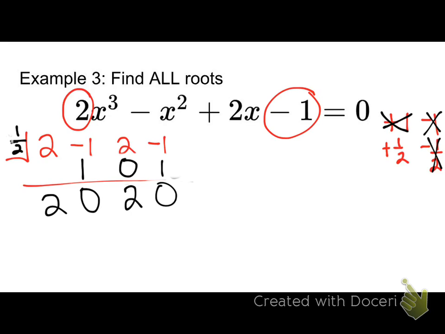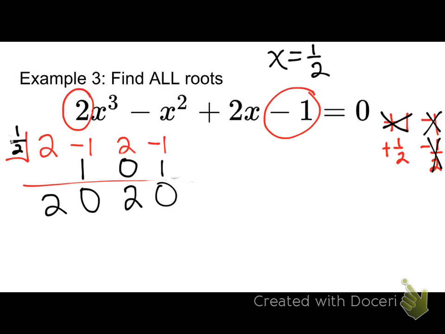Okay. So if 1/2 works, then one of our answers is 1/2. So you could write x equals 1/2 off to the side. That's definitely an answer. Now we have to create a polynomial from what's left at the bottom of our synthetic. What's it going to be? 2x squared.